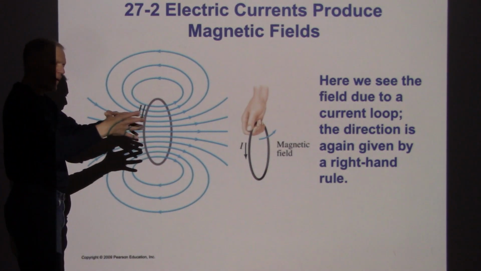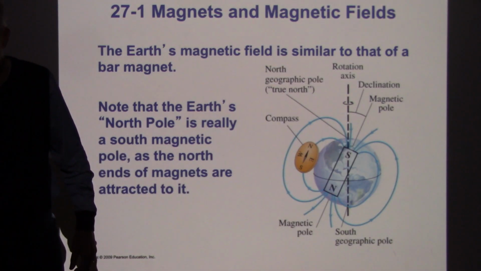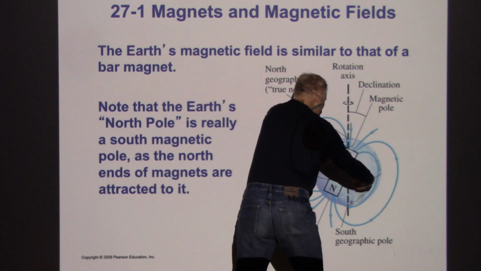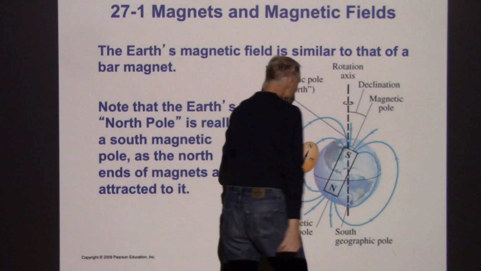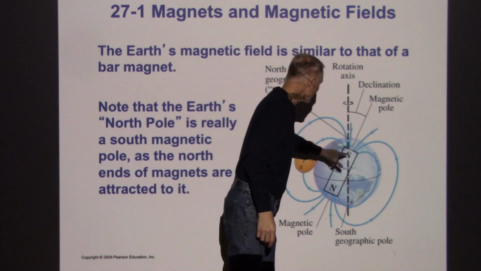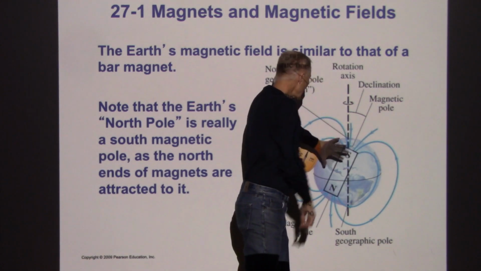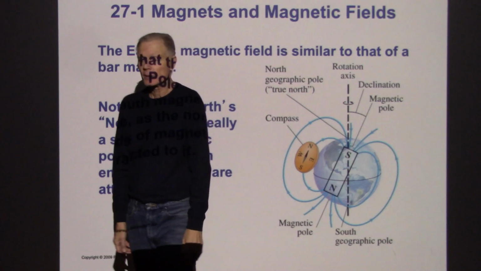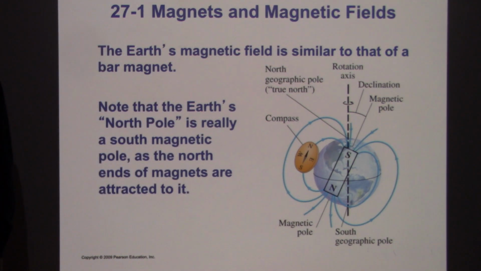So this is getting back to the Earth again. If I have circular loops of current within the planet, then I'm going to generate this dipole-shaped magnetic field. There's not a big bar magnet inside the Earth, but the field has a very simple geometry. It's this dipole geometry.